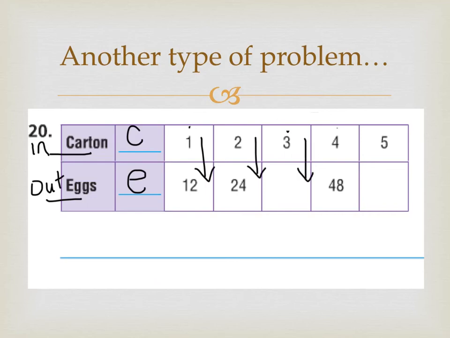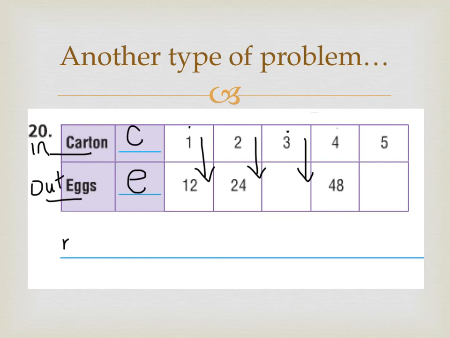From 1 to 12, I could say adding 12, but 2 plus 12 would not be 24. I could say from 1 to get 12, I need to multiply by 12. And in this case, 2 times 12 is 24. So my pattern is multiply by 12. We often call this pattern the rule.